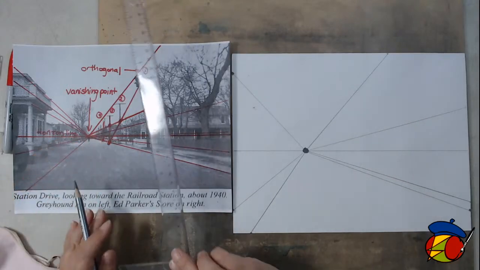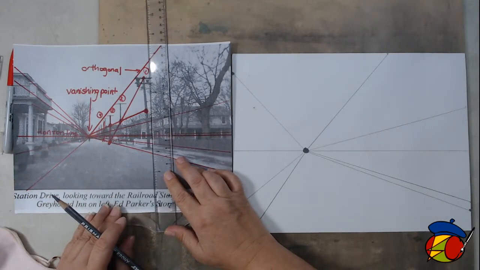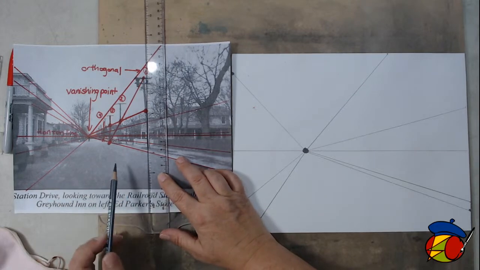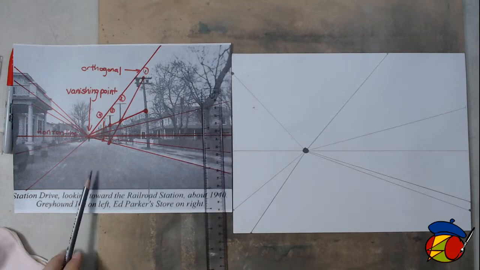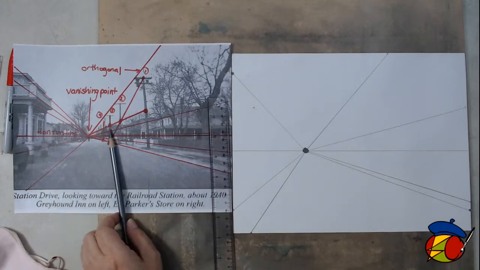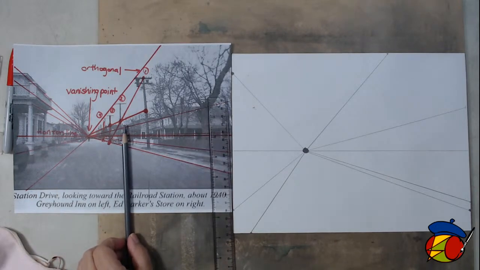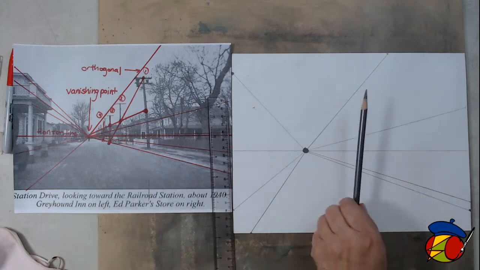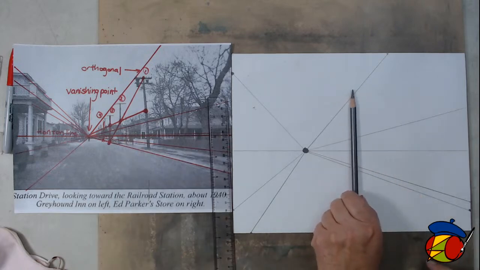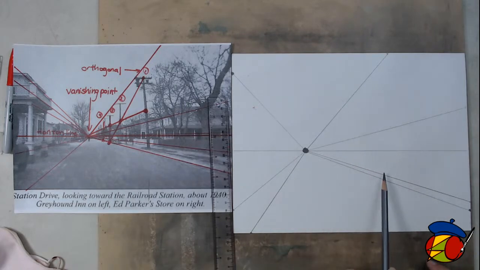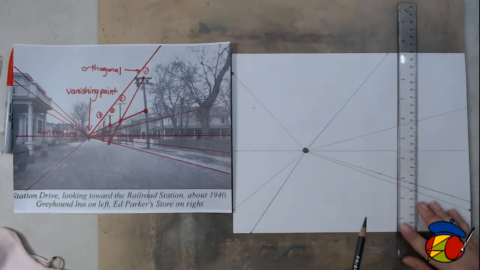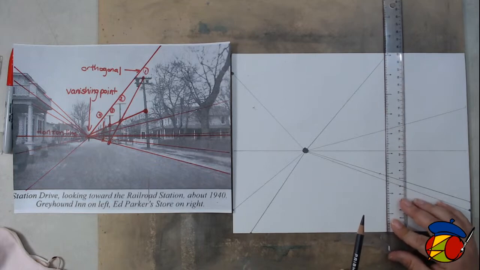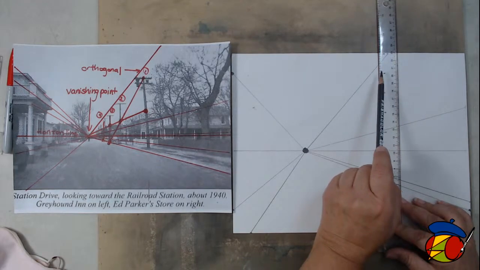So if I plop a vertical line from the first telephone pole, if I want to be able to judge how much distance I am, it's a little bit to the right of the center of the page is where I have my first telephone pole. So from there I can draw a vertical.